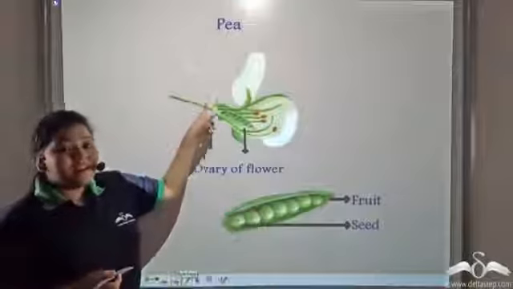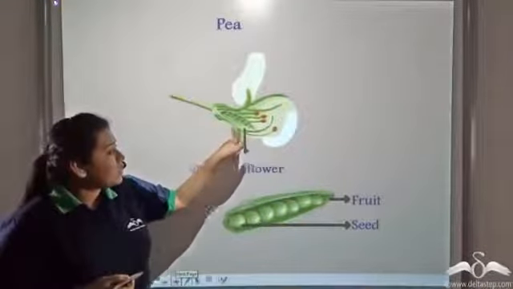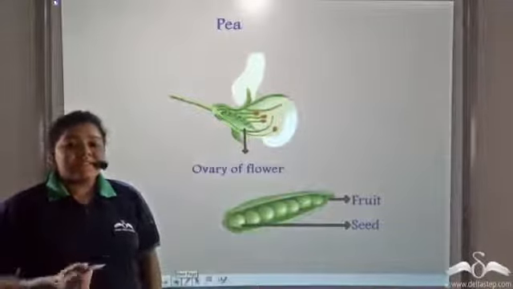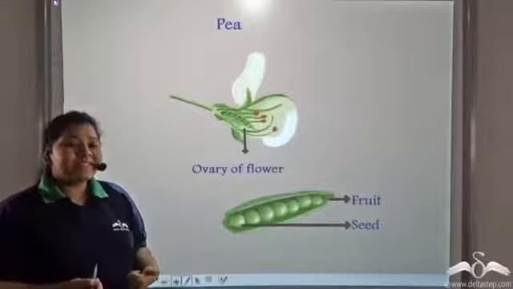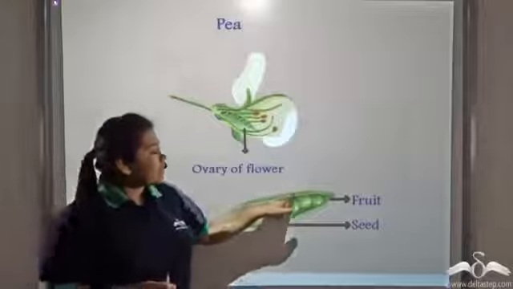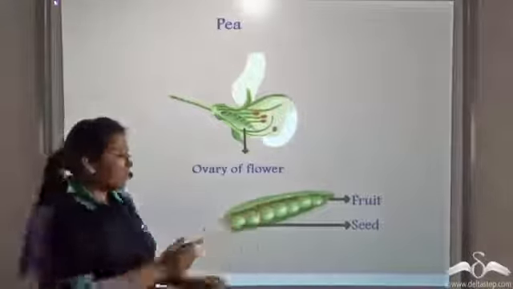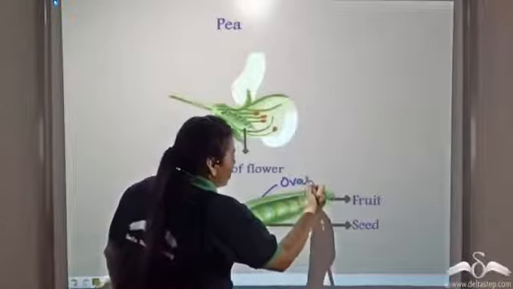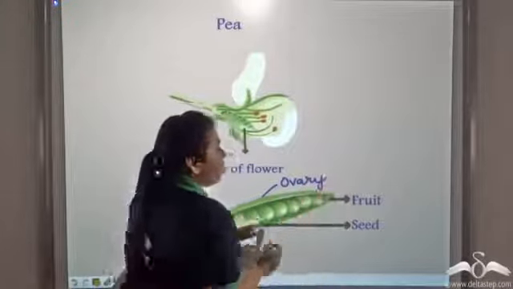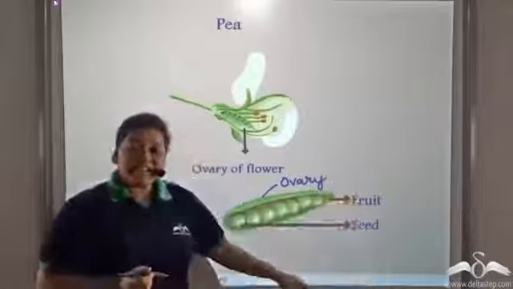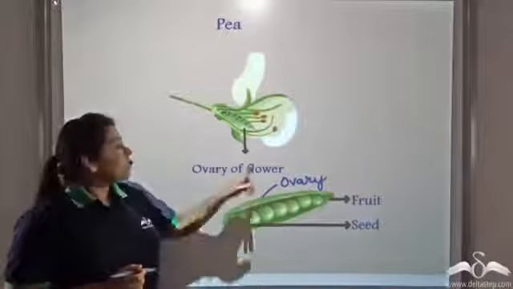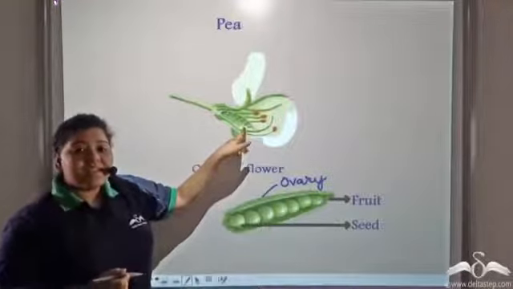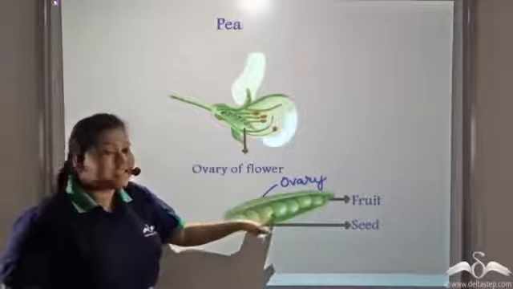This is a pea flower, this is the ovary, and these are the ovules inside. So after fertilization, the ovary becomes the fruit. This was the ovary in the flower, which forms the fruit after fertilization, and the ovules that were present inside the ovary turn into the seeds.